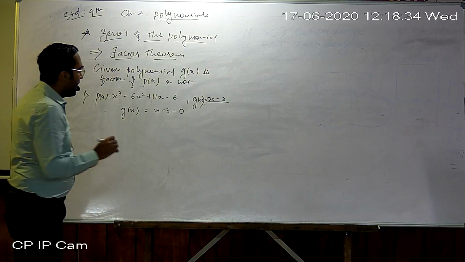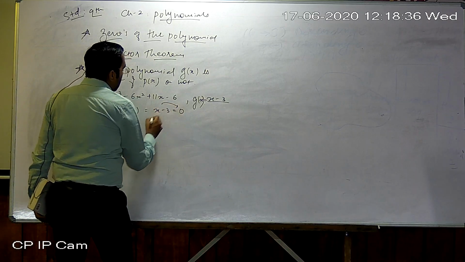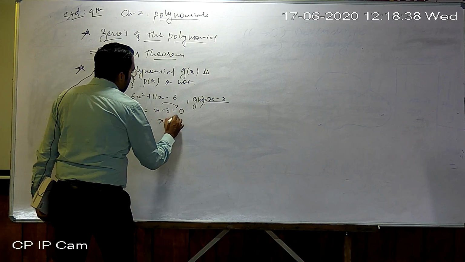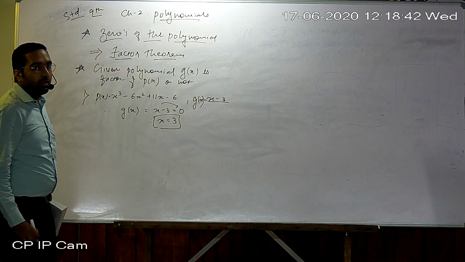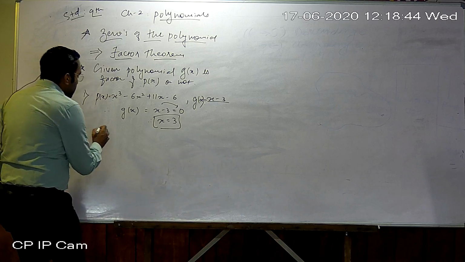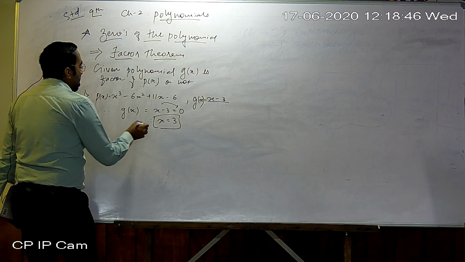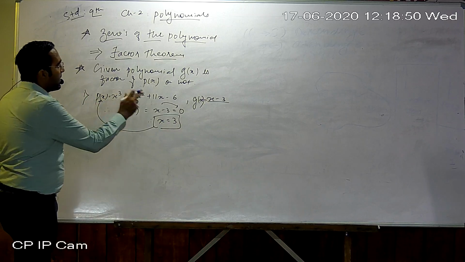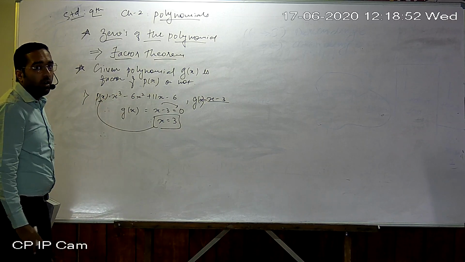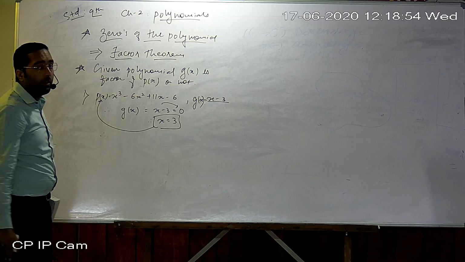Now I shift 3 to the other side, therefore my answer is x equals 3. Now I put the value of x in p of x to check whether x minus 3 is a factor of the given polynomial or not.